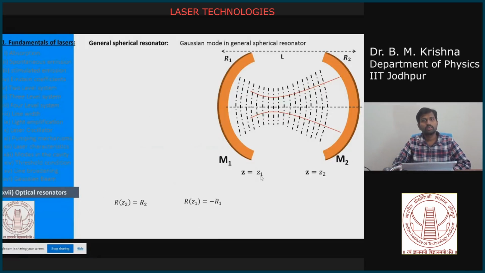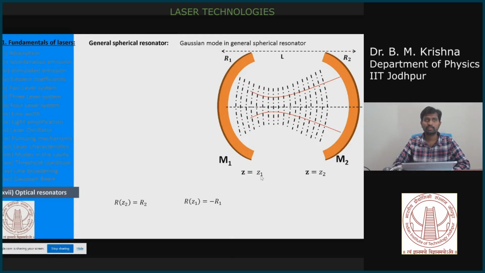Okay, so now I am going to consider a spherical resonator, that is a Gaussian mode in a general spherical resonator. What is meant by general spherical resonator is that I don't know what the radius of curvature R1 is, and I don't know what the radius of curvature R2 is. From this I want to get the stable condition in general using 2 mirrors. Those 2 mirrors I am taking as spherical mirrors.